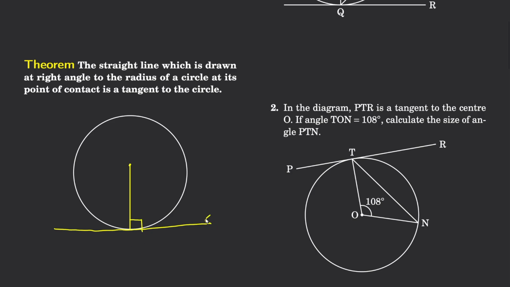So this line is a tangent. This is the radius, and the angle between them is 90. So they are perpendicular. A radius and a tangent to a circle at the point of contact are perpendicular to one another, which means that the angle here is equal to 90 degrees.